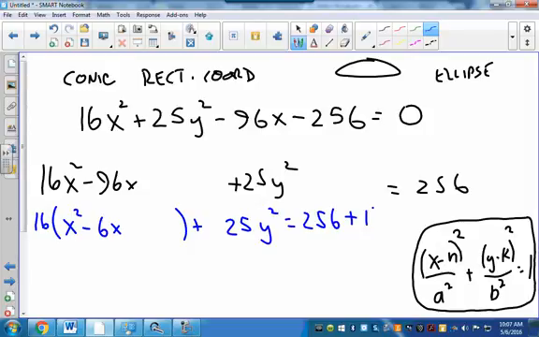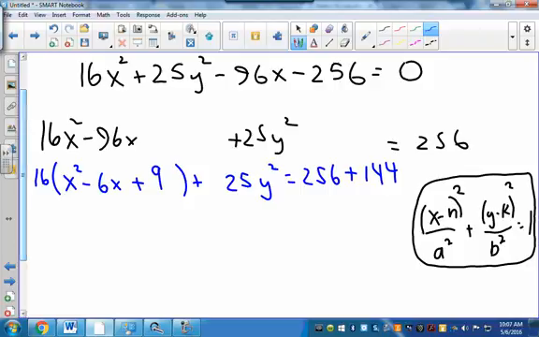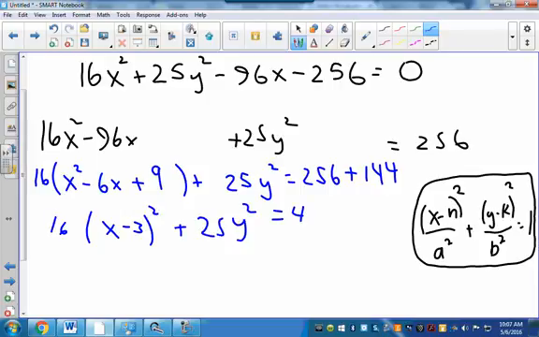I told you it was gross, 144. This is plus 9, right? 16 times 9 is 144. Remember, half of negative 6 is negative 3. Negative 3 squared is 9. You complete the square, and then by adding 9, you've really added 144, so add that to both sides. x minus 3 squared, here's 25y squared, that's 400.